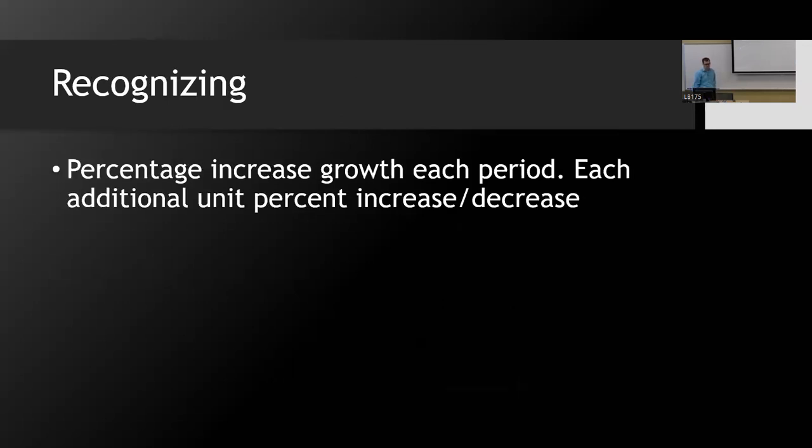Okay. So whenever we have percentage increase, where we have a certain number of times per year, we're going to have that A equals P 1 plus R over N to the MT. Example.